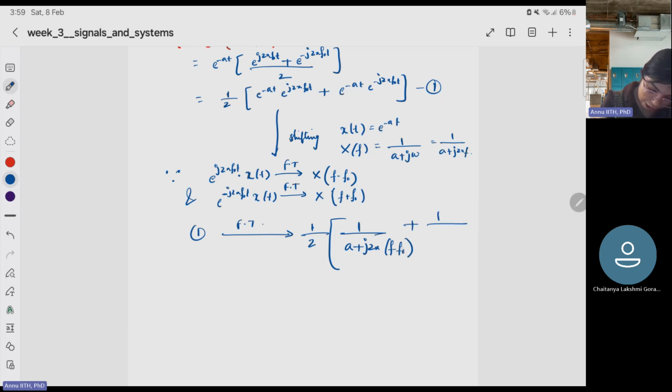Plus 1/2 times 1 upon a plus j2π(f plus f0).